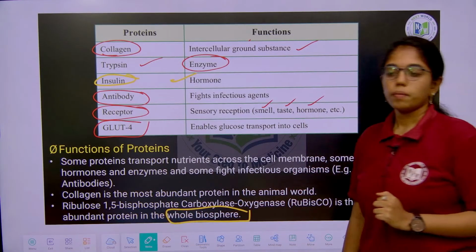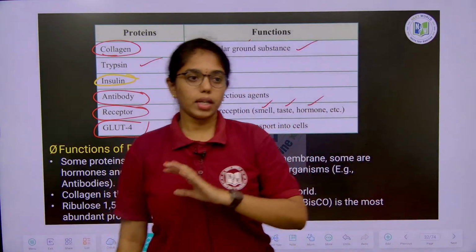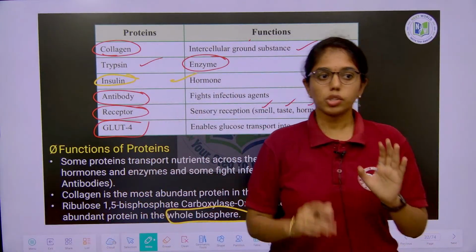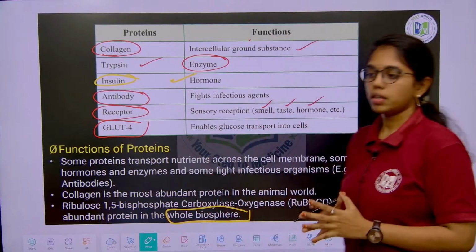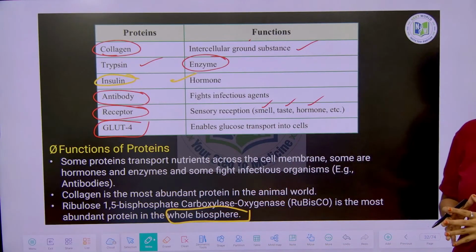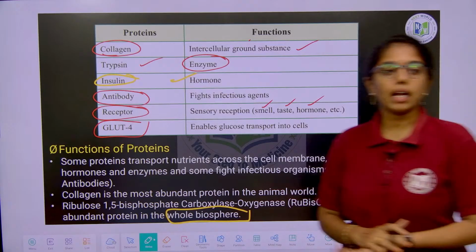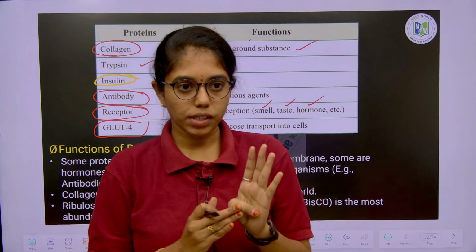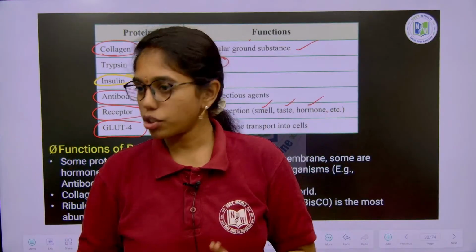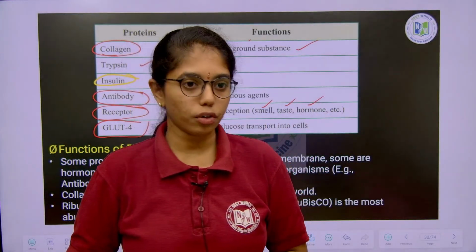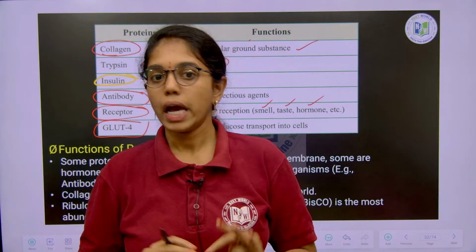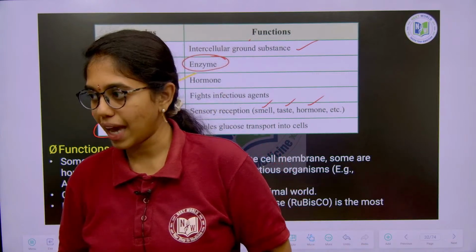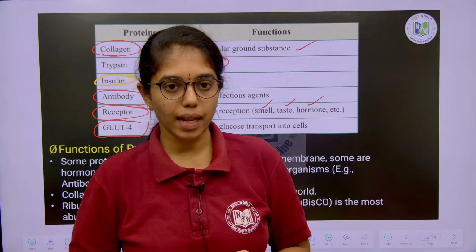Right? So with this, proteins will be ended. What we have learned from proteins: first, amino acids, classification of amino acids based on their hydrophobicity, polar and non-polar, and then based on their essentiality, essential and non-essential amino acids.